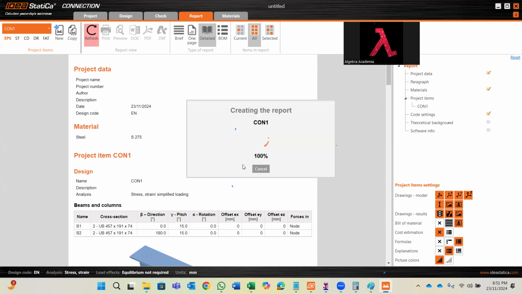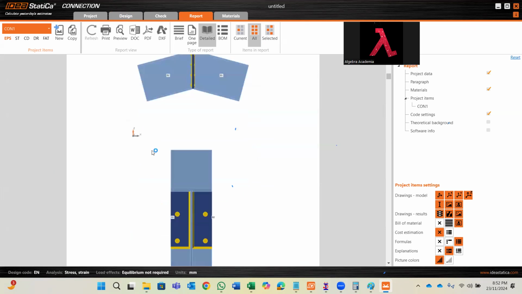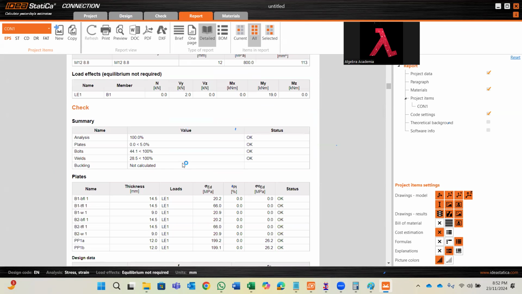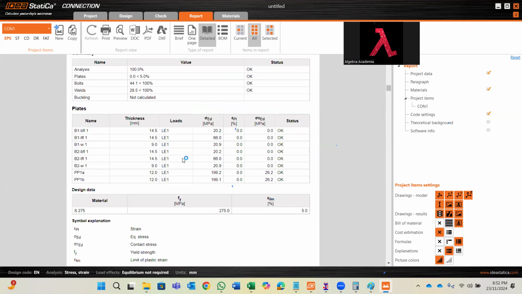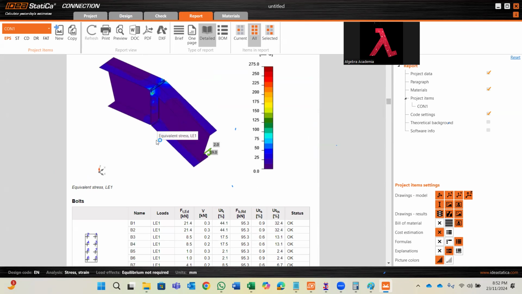Okay. So these are the section sizes, and these are the different views in the modeling. And this is the plate stresses, which are mostly less than 25 MPa. There are some places exceeding 25 to 50 MPa, whereas the allowable plate stress is 275 MPa.